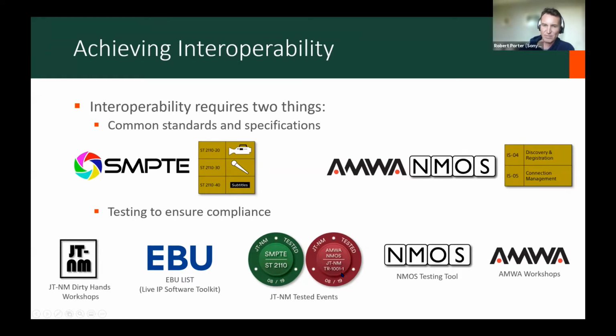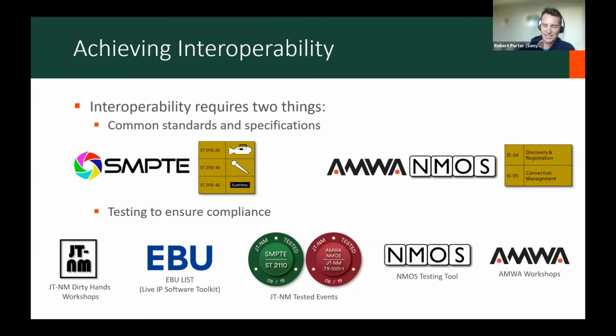And the third and most recent event was carried out remotely in March 2020 due to the start of COVID, and that mainly involved vendors self-testing their equipment using a prescribed method. And these events have really helped to improve interoperability, all these different events and initiatives.